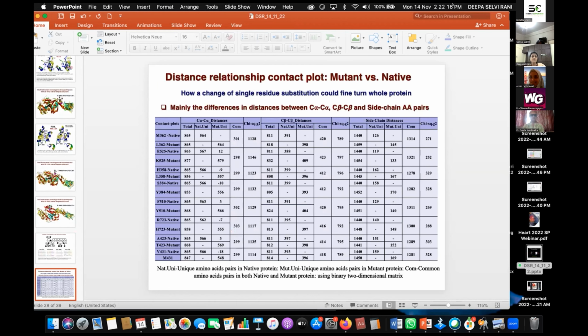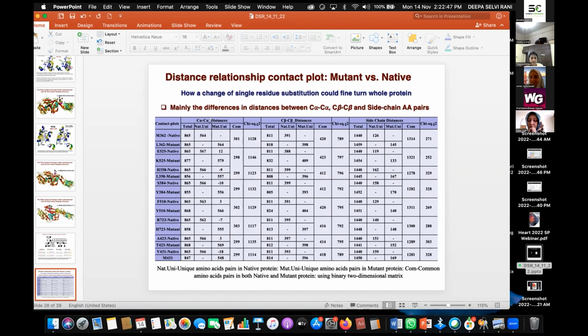We even studied the distance relationship contact plot, mutant versus native. Here we wanted to know how a single amino acid substitution could affect the whole protein, mainly the difference in distance between the C alpha, C beta, and side chain amino acid pairs. We studied the unique ones in the mutant, the unique ones in the native, and the common ones between them.